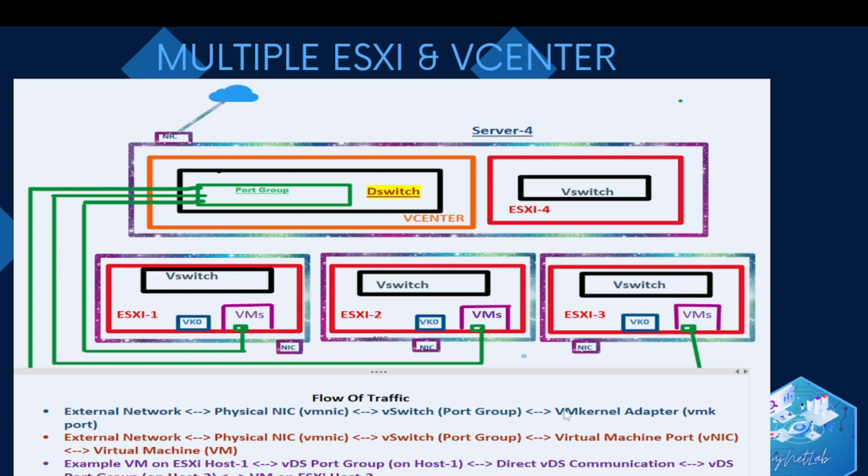Okay, I missed again this kernel adapter. As I told you, this is only for the management, as we see in the picture. If this port is only used, this will basically be connected to the physical port.